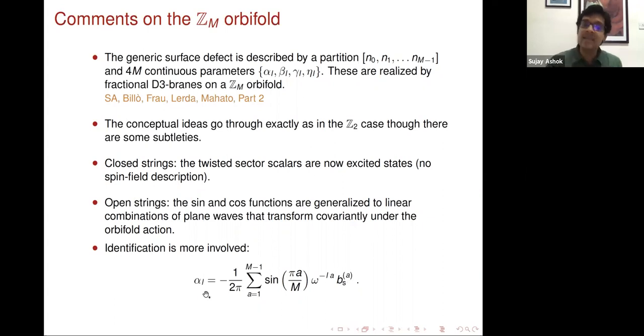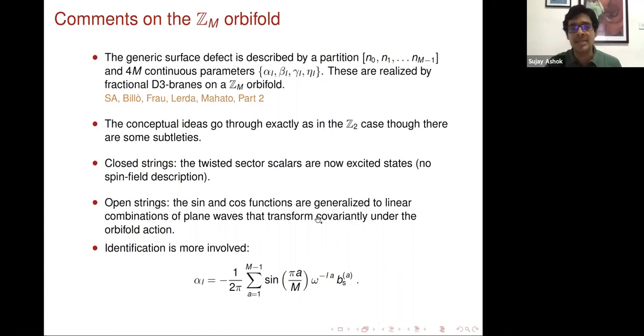And this I labels the irreducible representation, if you remember, for fractional branes, and A labels the conjugacy classes. So the closed sectors are in conjugacy classes and the fractional branes are in the irreps. And you can imagine that this is the kind of change of basis that usually relates these two things. So this is our result, and similar expressions hold for the beta, gamma, eta parameters. That's all of that.